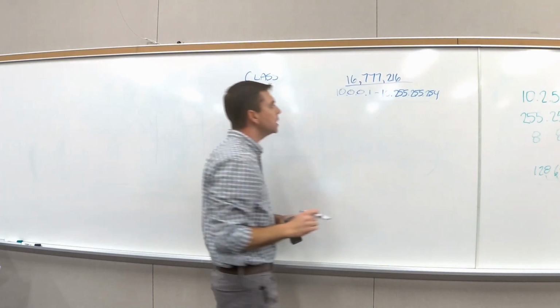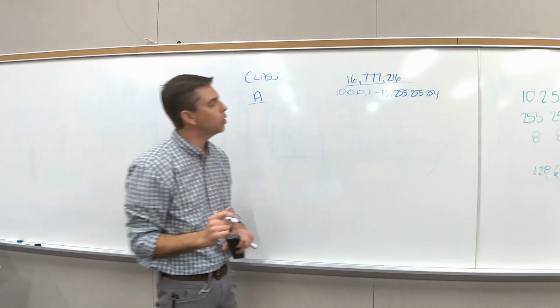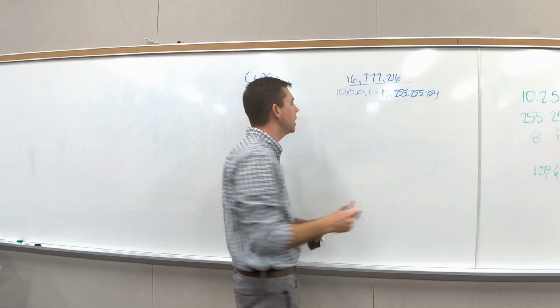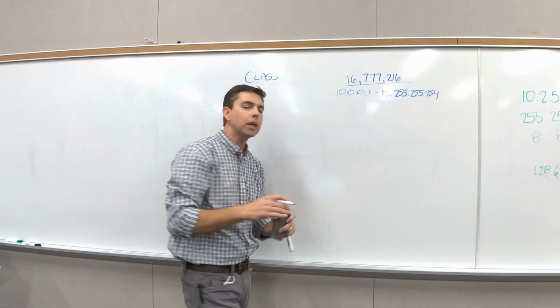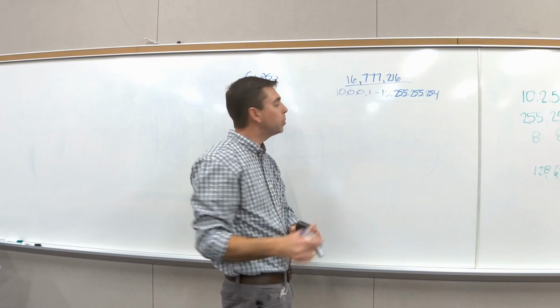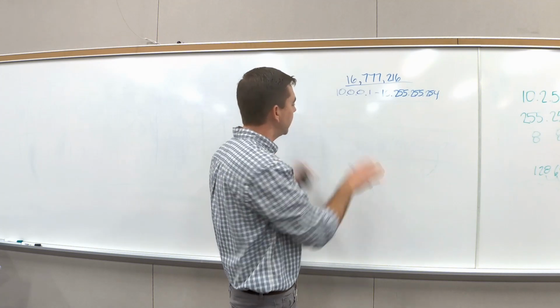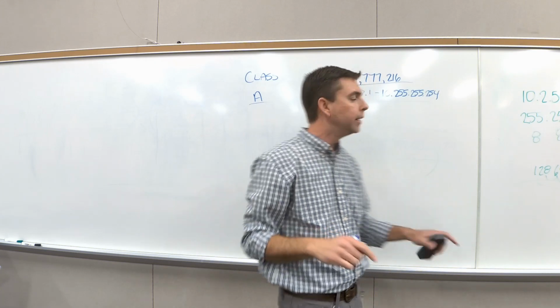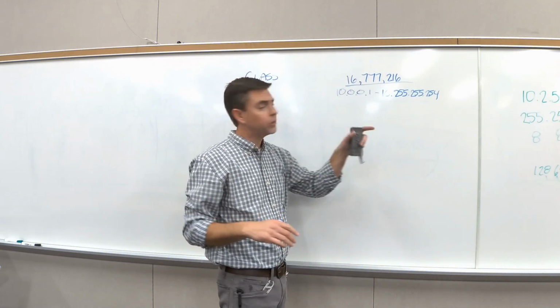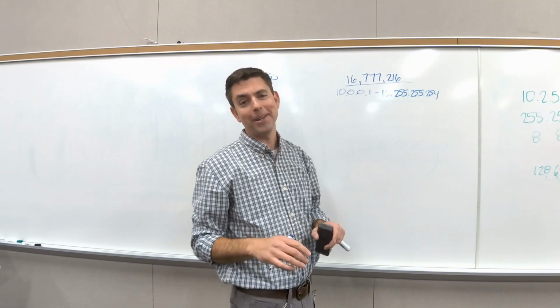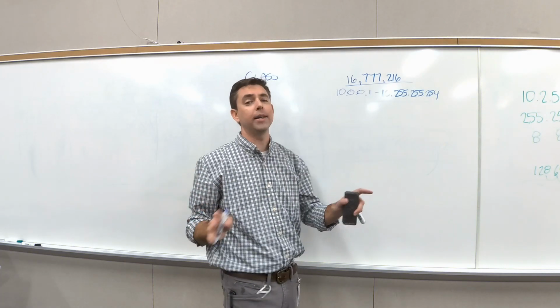So 16,777,216 available IP addresses within the Class A range. And you think, whoa, that is way more than what I need, but that's totally cool because it's more than the Class C range, and I don't really like the Class B range. It just kind of looks weird. And so I'm going to stick with, because I have OCD, I'm going to stick with the 10 range. Not really knowing why exactly.